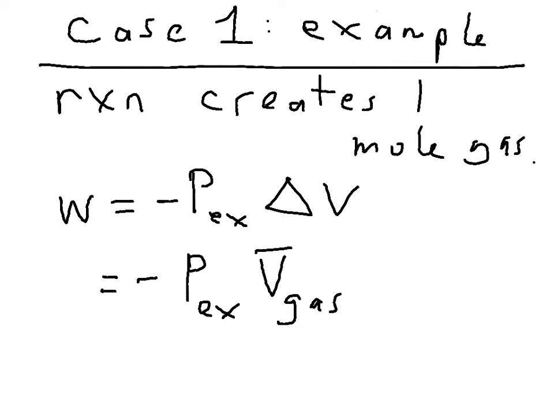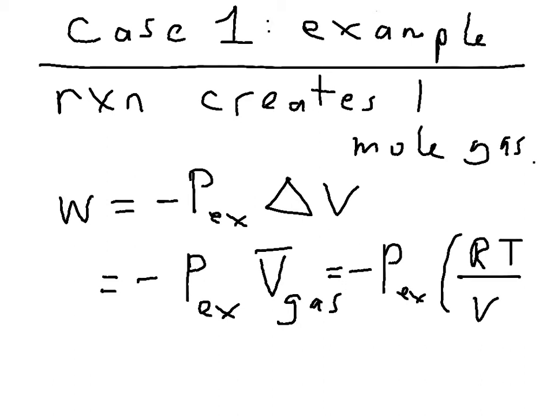If we plug in the ideal gas law, we know that the molar volume of gas is just RT over P, and the P that applies for the gas is P external, so we can cancel that. So that would be equal to negative RT.